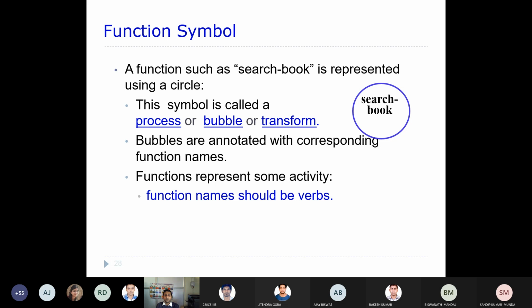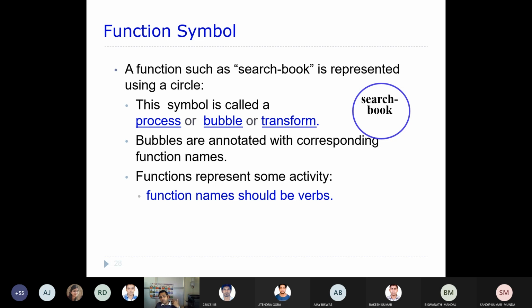These are the various inputs you give to this function, after which certain processing is carried out, and thereafter you see the output. The output will be something like: this particular book is available in the library, on this rack. You can go and get it, right? That sort of information it gives you.